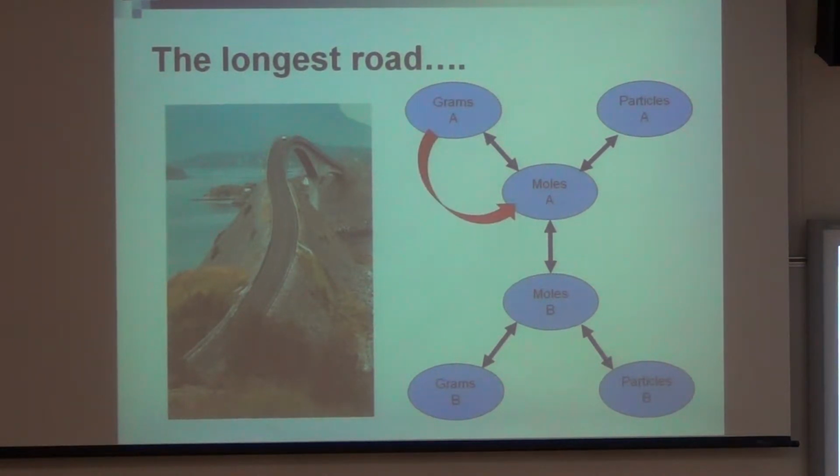The longest path you're going to have to go is from mass of one substance to moles of that substance, and then mole to mole, which is what we just did, and then finally moles to mass. We certainly could do particles, but it's not going to make the map any longer. So we could go from particles to moles, and moles to moles, and then moles to particles. Either way, it's going to be 3 steps. That will be your maximum size T-chart.